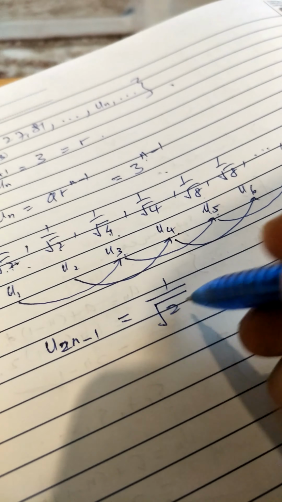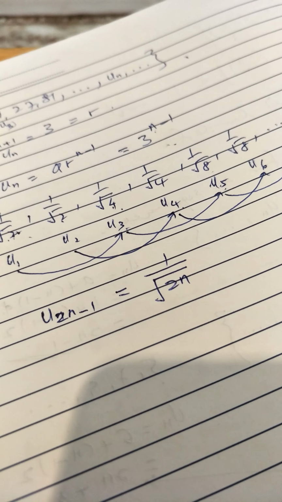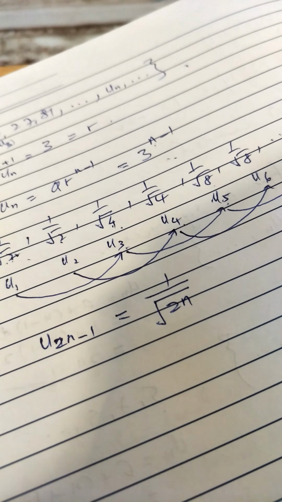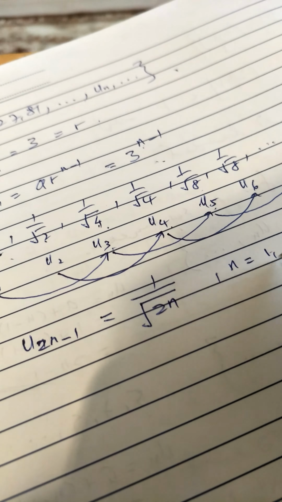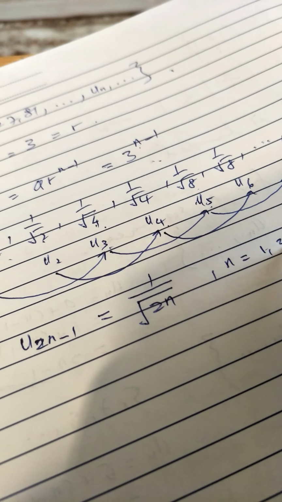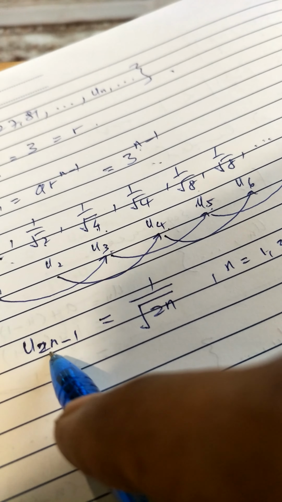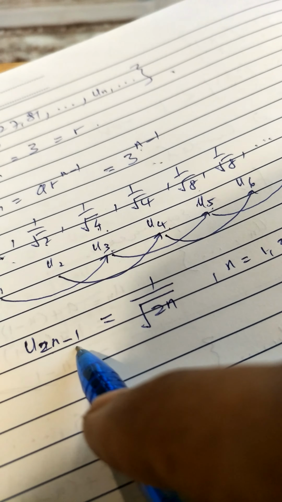So we have 2 to the power n. For n equal to 1, 2, 3, you get the terms u1, u3, u5.